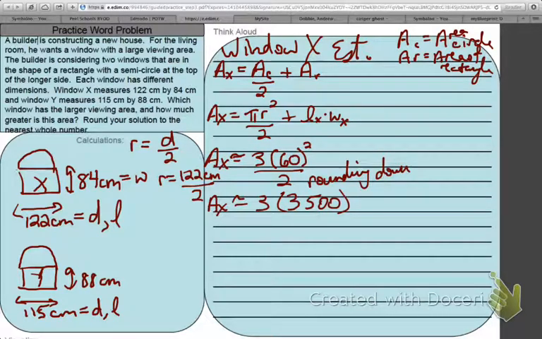And then I would have to divide that by 2. And now what I can look at is just this section. If I have 3 35s, well, 2 35s would give me 70. So 3 35s would be a little bit more than 100. Okay, and the 100 would look like this.